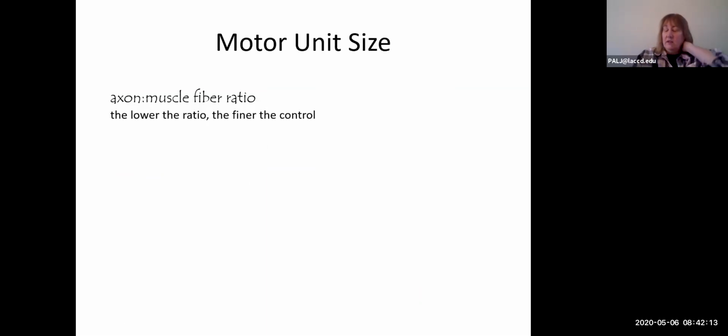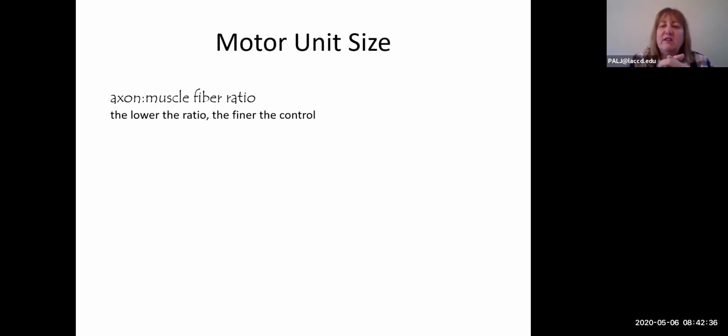All right. So the next thing we want to learn about motor units is the size of them, because on the previous picture, 2 of them showed 3 muscles and 1 of them showed 2 muscles, and neither of those are really realistic. But we do talk about, for every axon, how many muscle cells are being innervated. So this gives us a ratio.